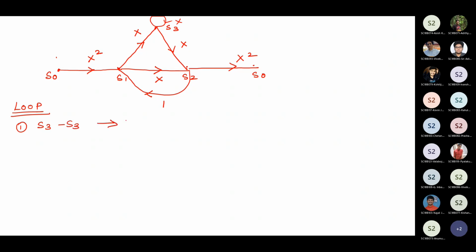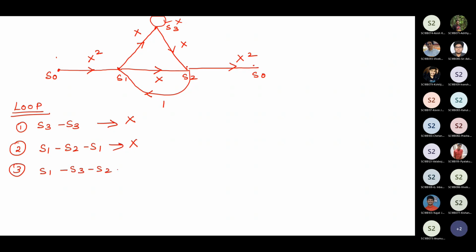Okay, what is the gain of that loop? X. Second one, this loop we can consider S1, S2, S1. What is the gain of this one? Here this forward path is X, from here to here it is 1, so 1 into X, X. Third loop is S1, S3, S2, again S1.